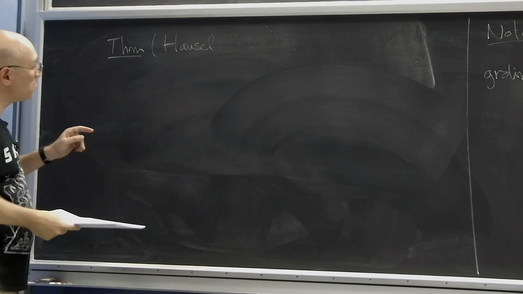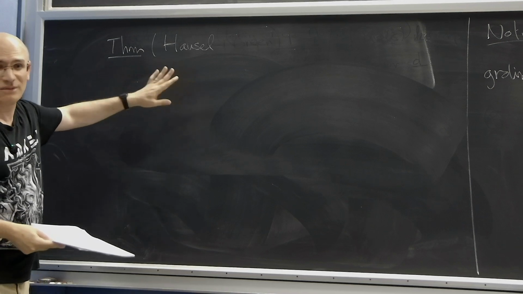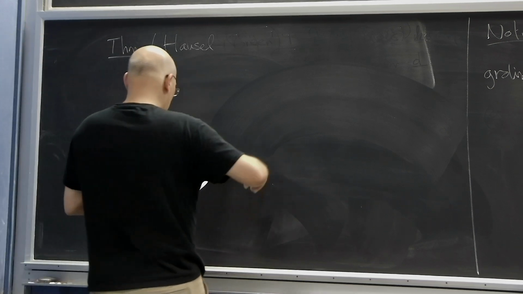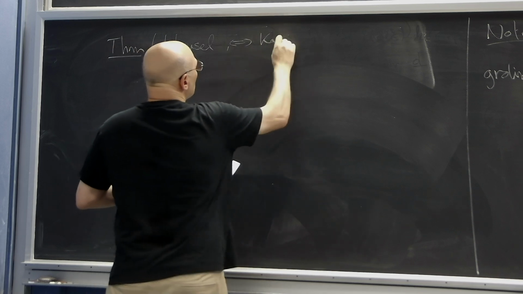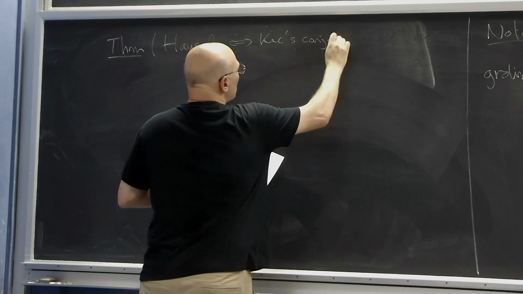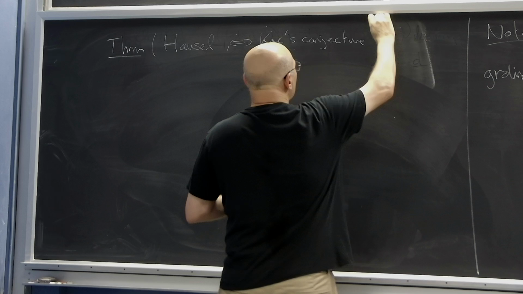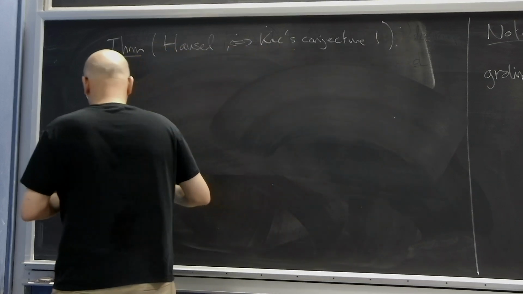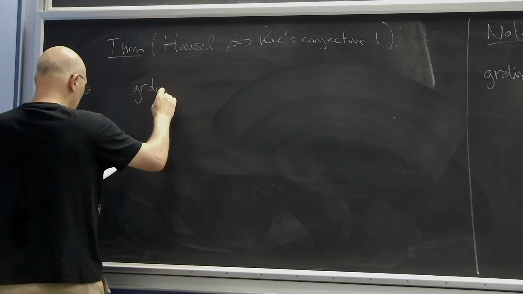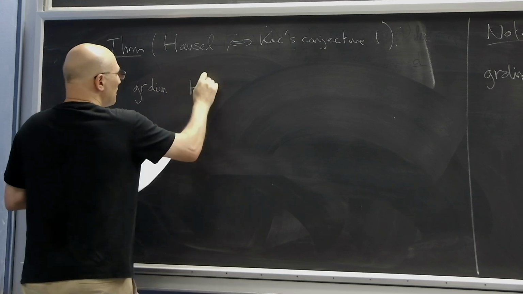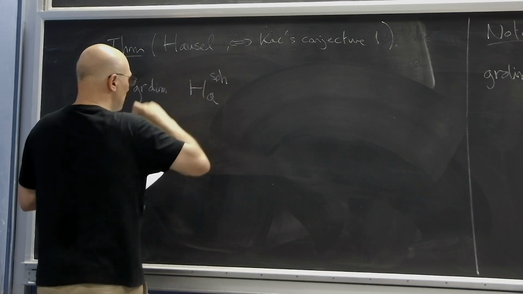The person who put the last piece in the proof of this theorem is Tamas Hausel. And this is kind of equivalent to the so-called Kac conjecture. The first conjecture is the following. Now let's look at the graded dimension of this spherical Hall algebra.